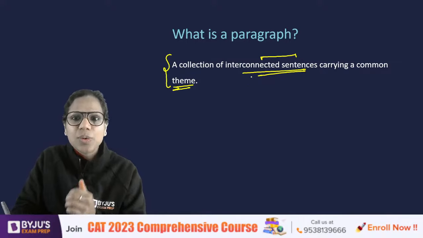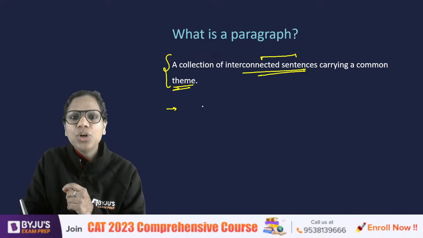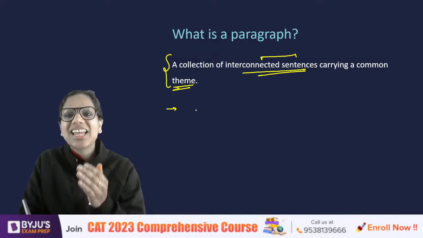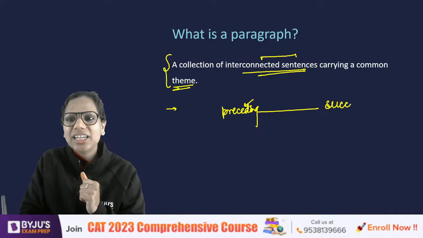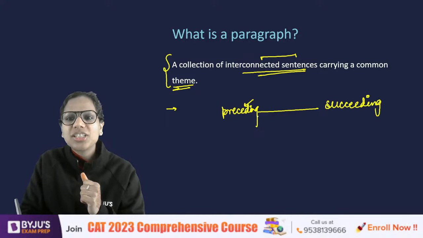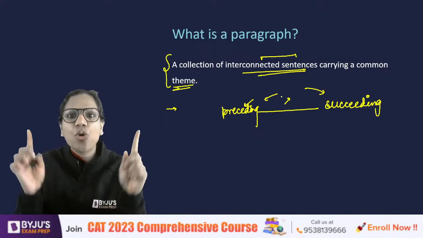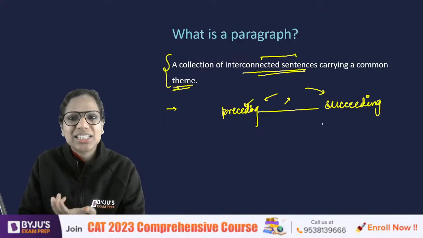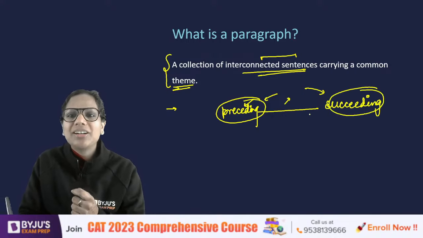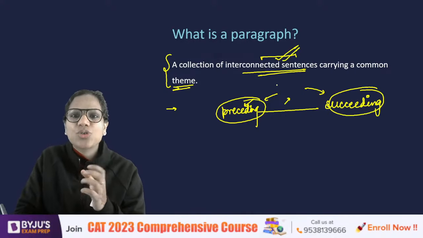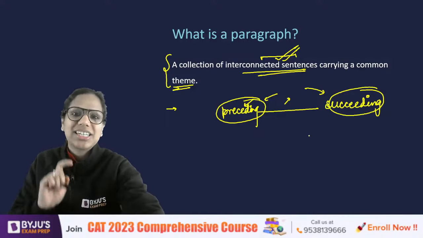That is why, in a para completion question, we tell you that the immediate preceding sentence and the immediate succeeding sentence, let's say my middle sentence is missing, then the immediate preceding sentence and the immediate succeeding sentence carry a lot of importance because it's quite likely that this middle sentence will share its theme, its scope, its range with these preceding and succeeding sentences, isn't it? Therefore, we should pay attention to the other sentences also, as all of these are interconnected. That's your first lesson.